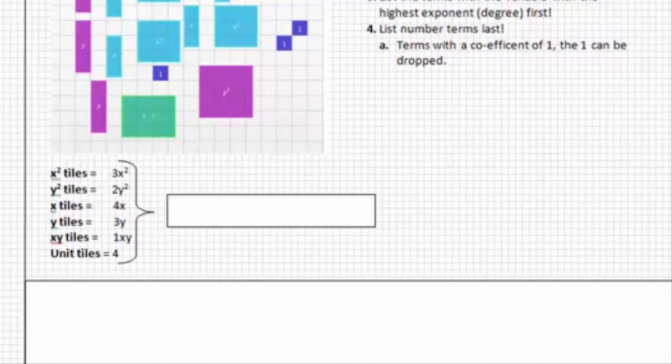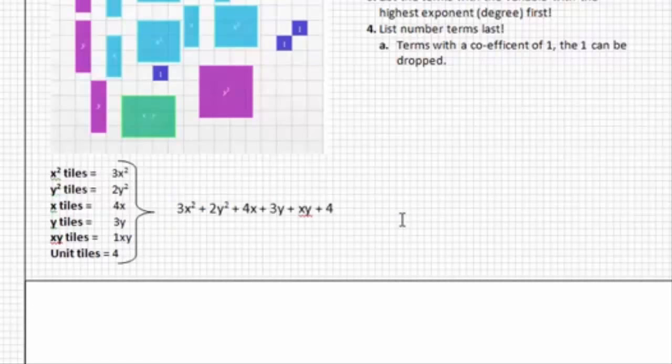So I've counted up the number of each type and written them together. Now we want to write the expression as a math sentence, and remembering that the highest exponents go first and the numbers go last, which is why I usually tend to write them this way. And so when I put that all together into one expression, I have 3x squared plus 2y squared plus 4x plus 3y plus xy.